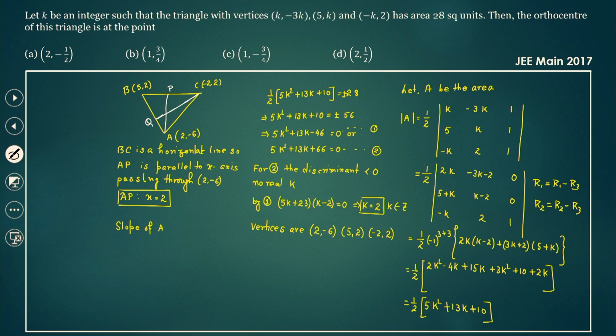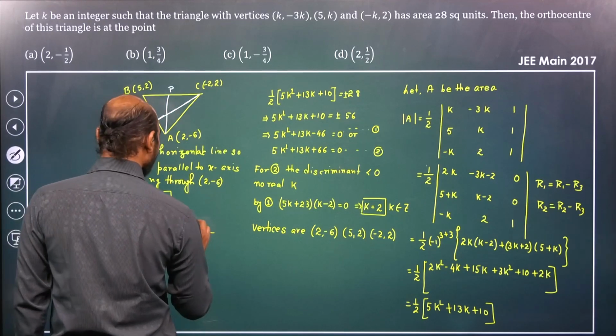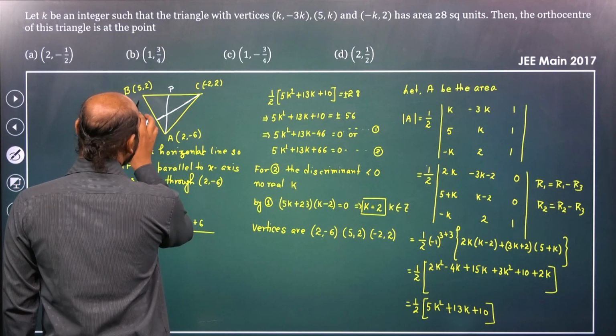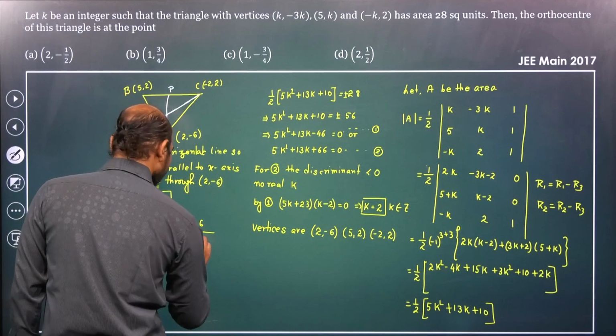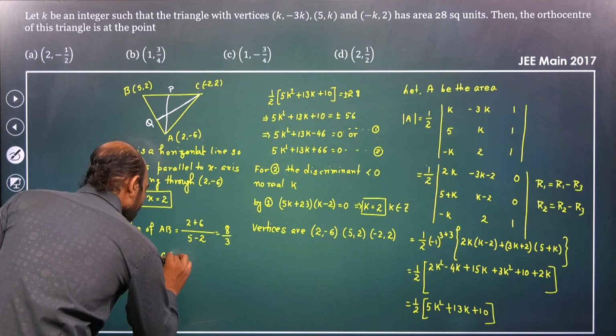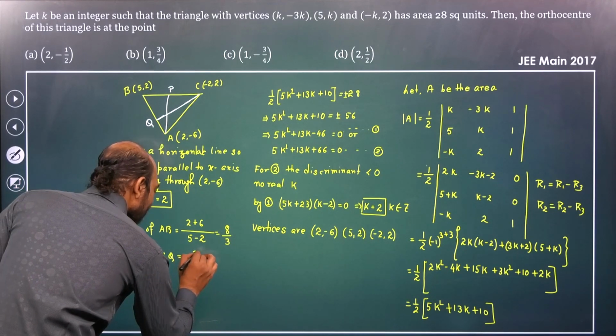So see that here we need to find the slope of AB. The slope means joining between 2 points. Therefore it is 5, 2, and also we can go ahead with 2 plus 6 divided by 5 minus 2. That gives you 8 by 3. That means the slope of CQ is definitely minus 3 by 8.